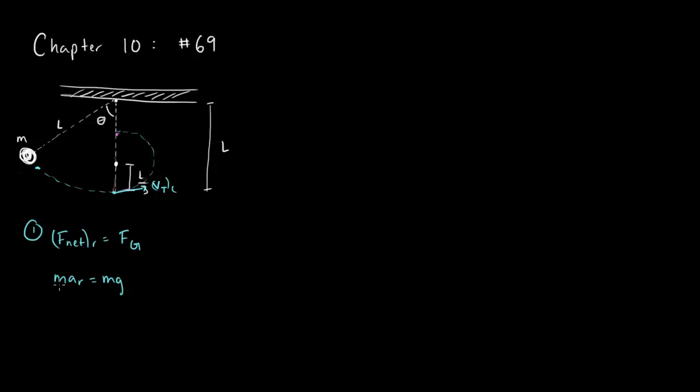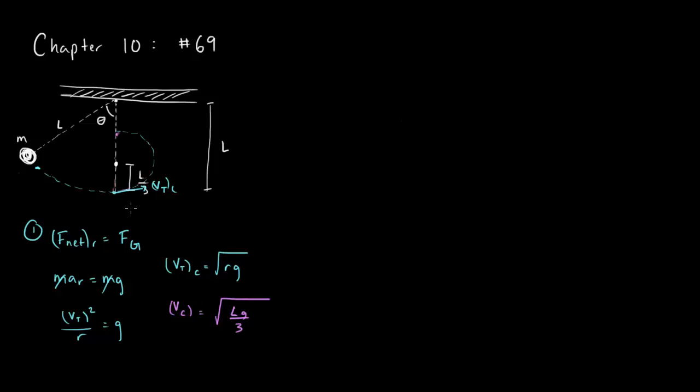So immediately the m's cancel out, and acceleration in the radial is velocity tangential squared divided by radius equals g. So your velocity tangential critical is going to equal radical rg, and for the sake of this problem specifically, you know your r is L over 3, so the critical velocity is going to equal radical Lg over 3.